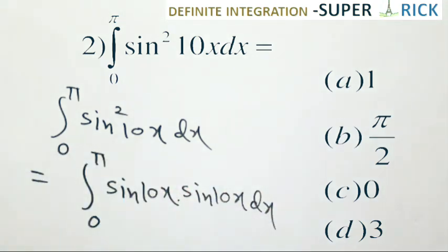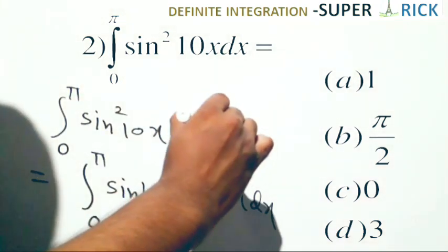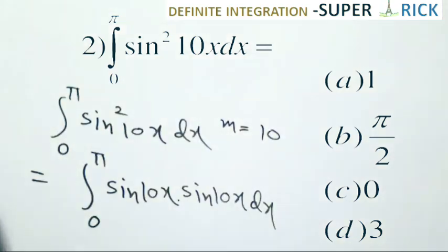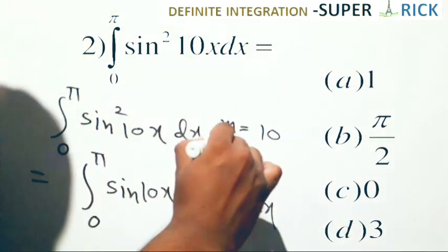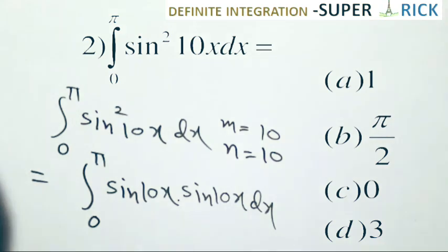Here the value of m is 10 and the value of n is also 10. So m is equal to n.